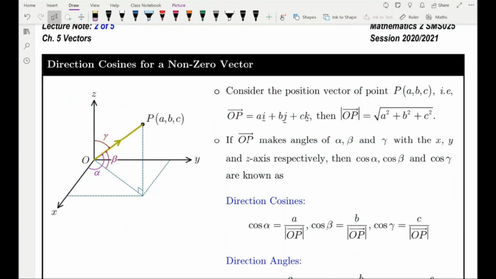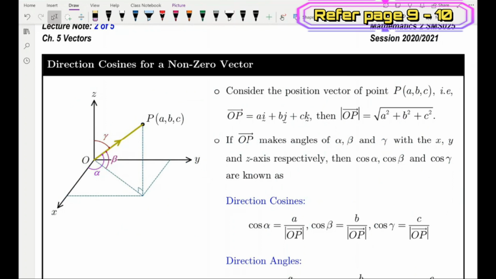Last subtopic for this video. Direction cosine for non-zero vectors. Let's say we have one vector P, which is A, B and C. So we can compare A with the X axis, B with the Y axis and C with the Z axis.